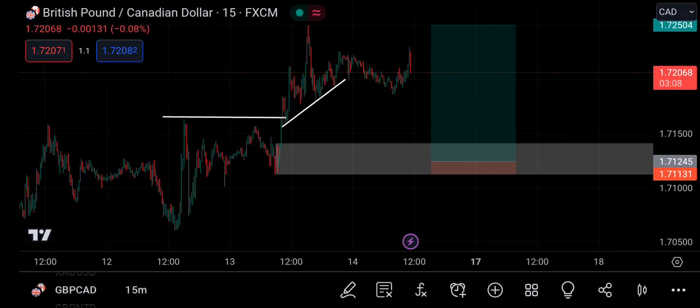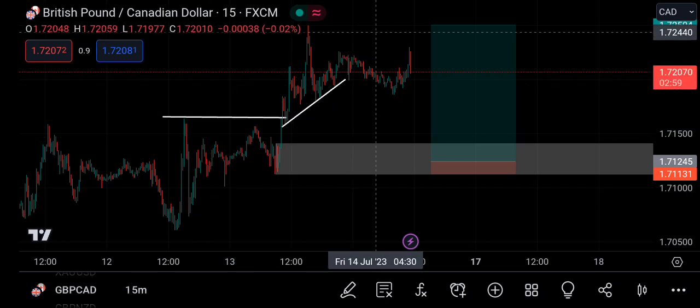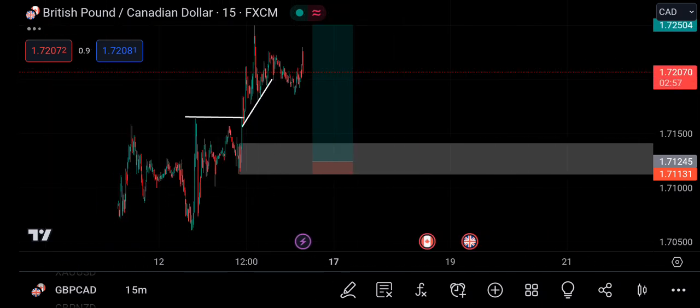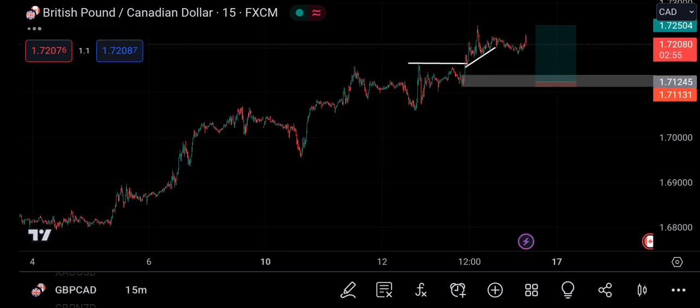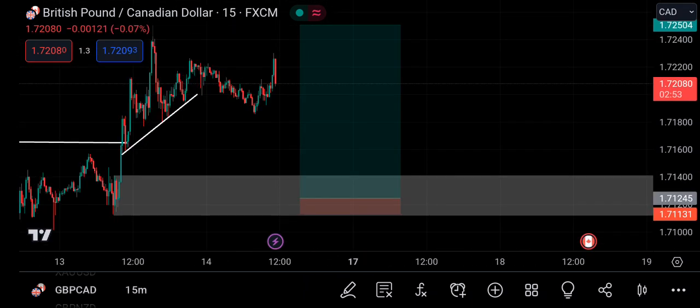I've got pound Canadian dollar over here, and I'm looking at this in a bullish scenario whereby the market's broken structure to the upside, validating that this whole move right here is still high probable. This whole trending market is still high probable.